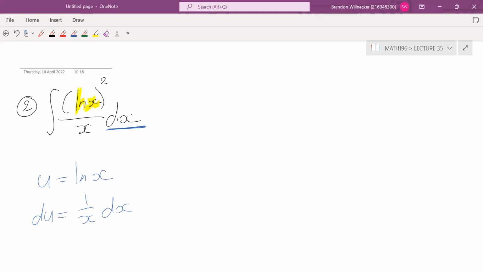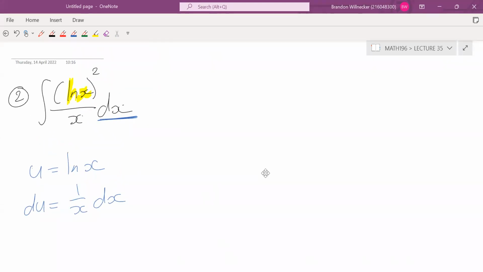Now notice that's very nice, because if we look here, this integral we can write as the integral of the natural log of x squared times 1 over x dx. I just took that fraction out to the side.